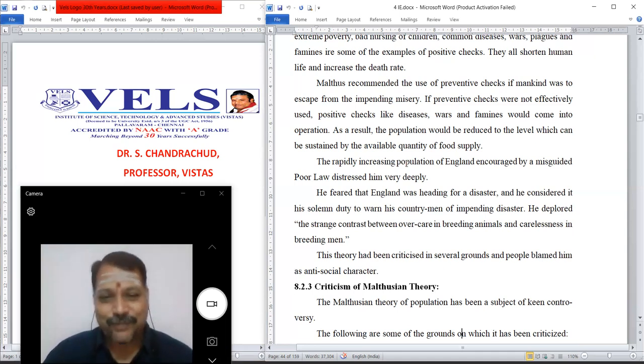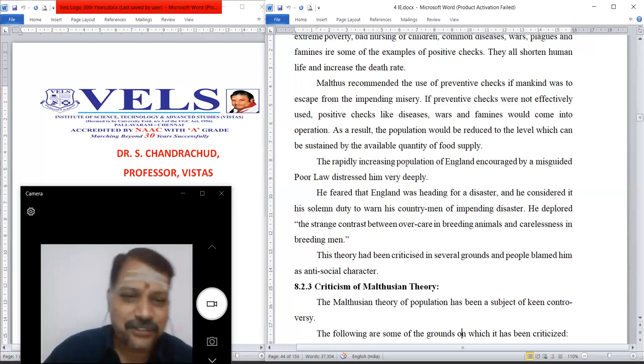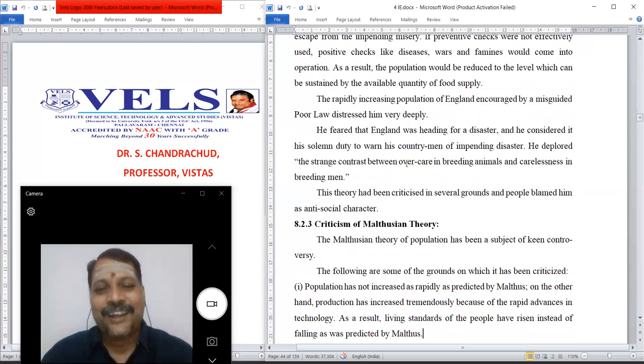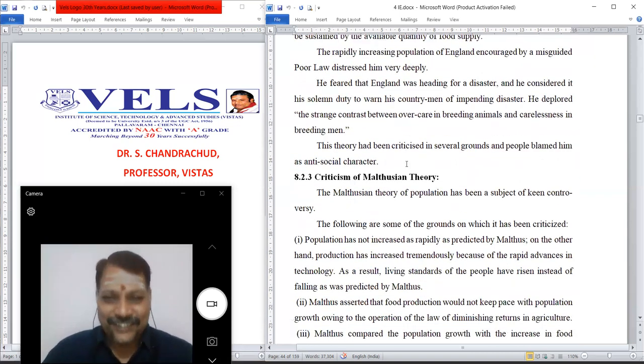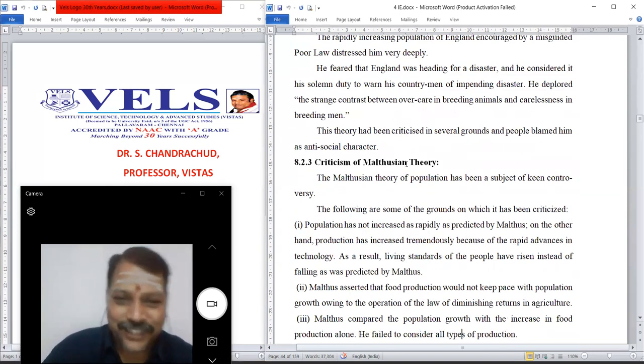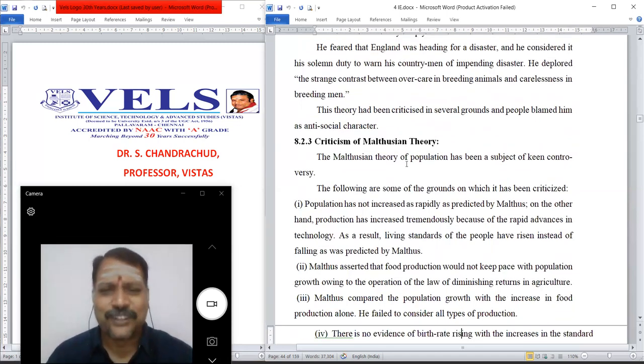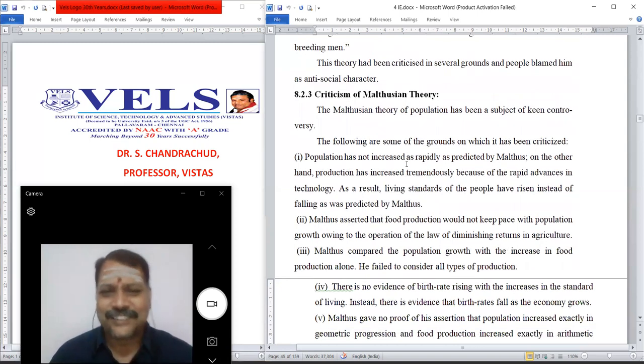This theory has been criticized on several grounds, and people blamed him as an antisocial character. Let us discuss what criticisms were made against this theory. The Malthusian theory of population has been subject to a variety of criticisms. Some of the criticisms let us discuss today.